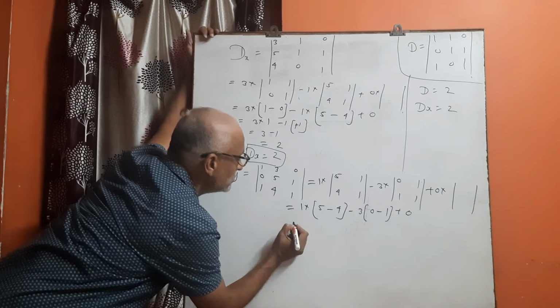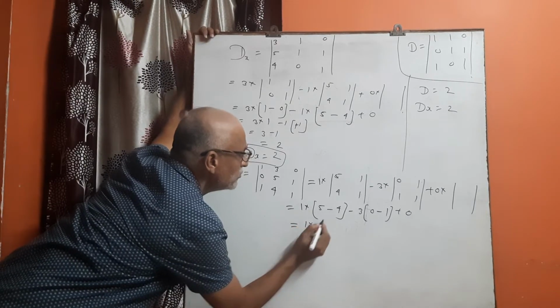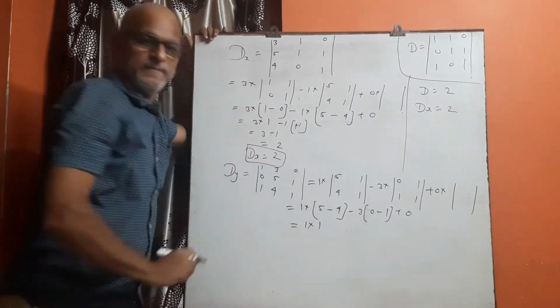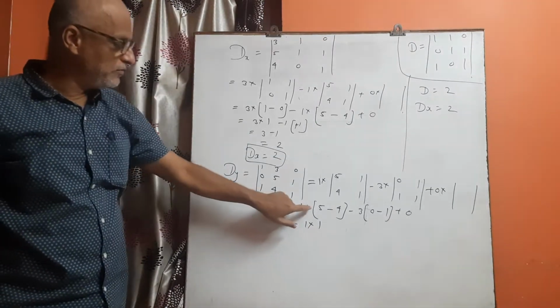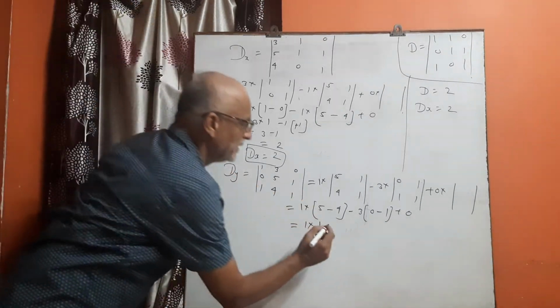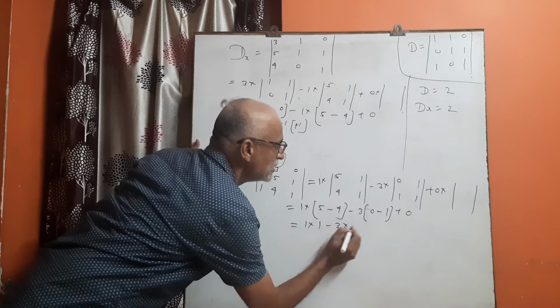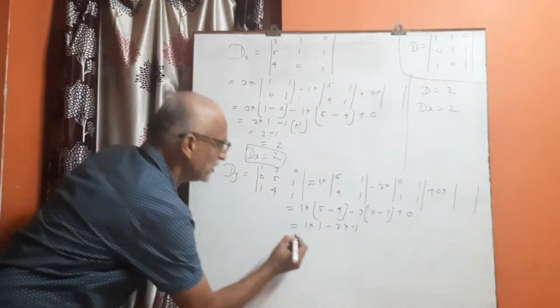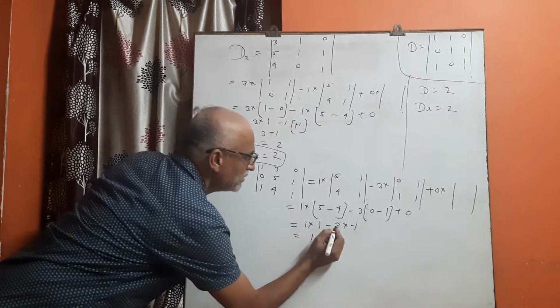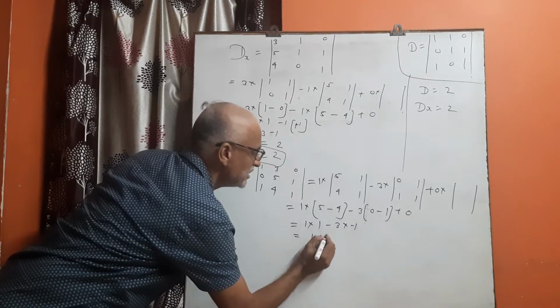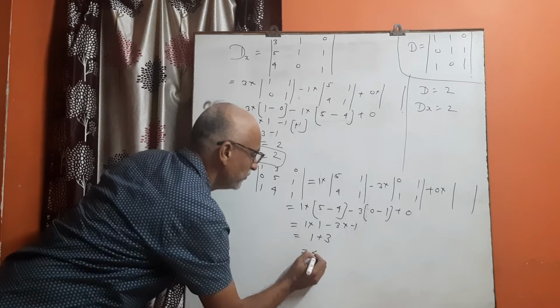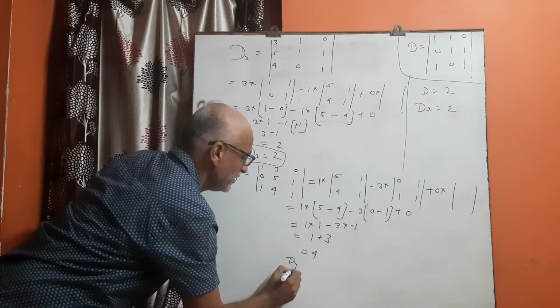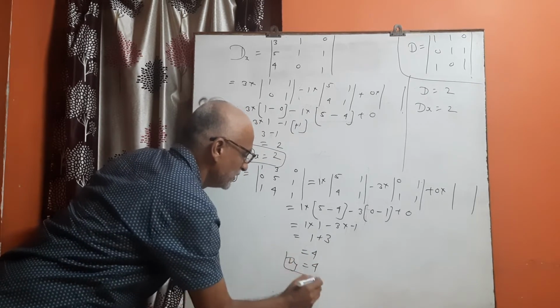So it is equal to 1 into 5 minus 4 is 1, minus 3 into 0 minus 1, that is minus 1. That means you will get 1 minus 3 minus 1, that is plus 3. So 1 plus 3 equals to 4. That means the value of dy is equal to 4.